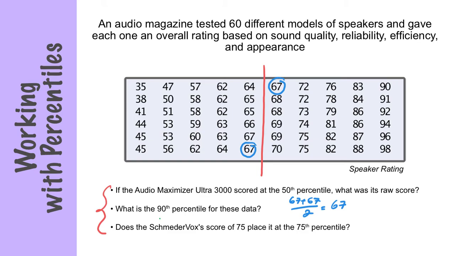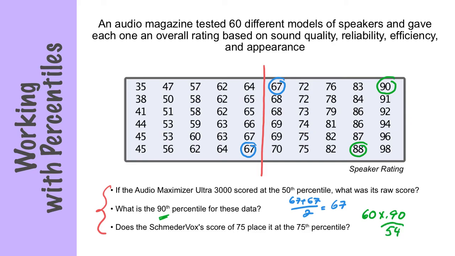What is the 90th percentile for these data? So again, you pick out your numbers. So the 90th would be between 88 and 90. So we have 60 pieces of data. We want the 90th percentile.